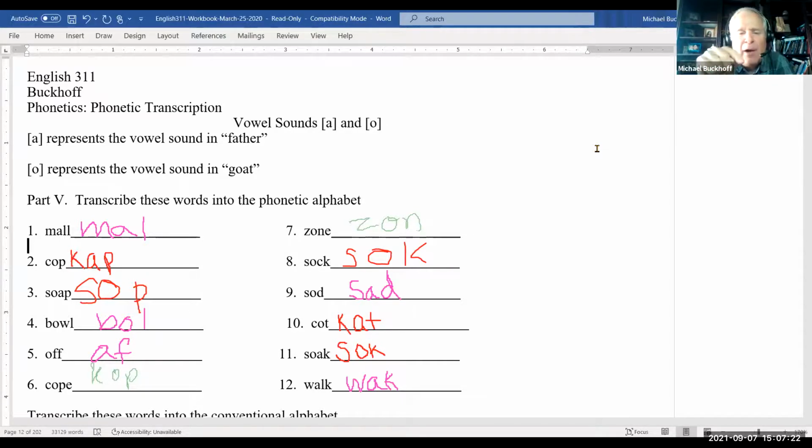If it's a typewriter A, it is sock. S, typewriter A, K, right? Sock. Then sod, caught, soak, and walk. With or without the L, it doesn't matter to me. Okay, that looks good. Any questions on that? Okay, it's good. We're moving ahead.